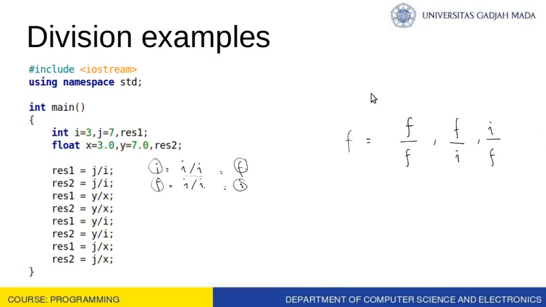In this form you don't have any rounding operation. But if you have integer divided by integer, then it will be rounded. So you have to be careful. And also, if you store it in an integer, then it will be rounded.